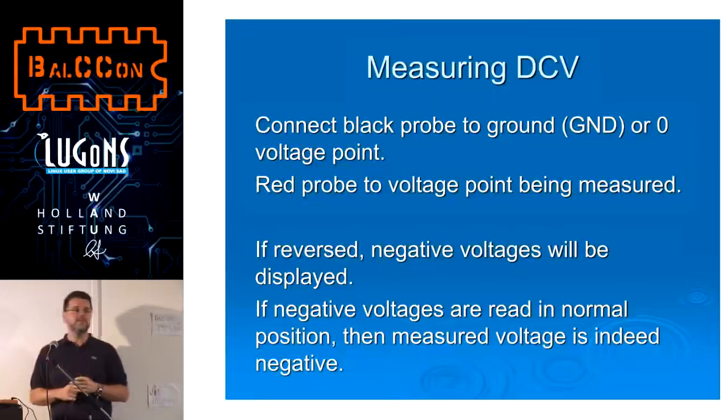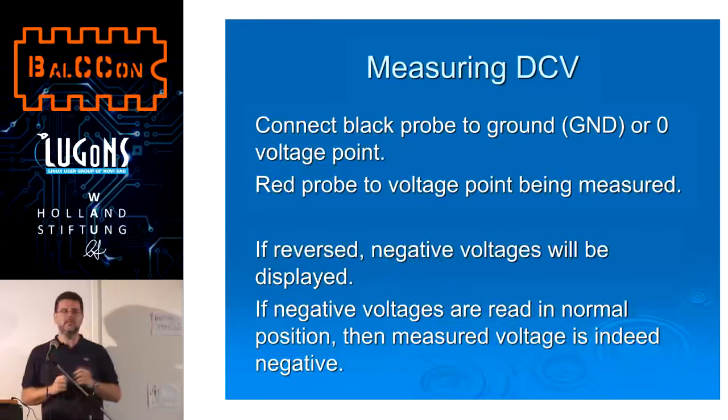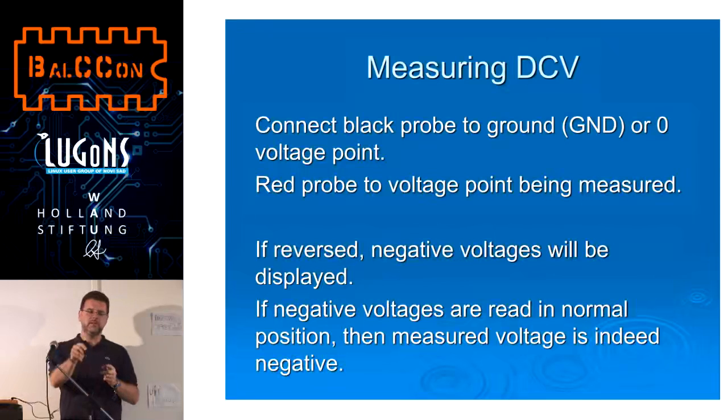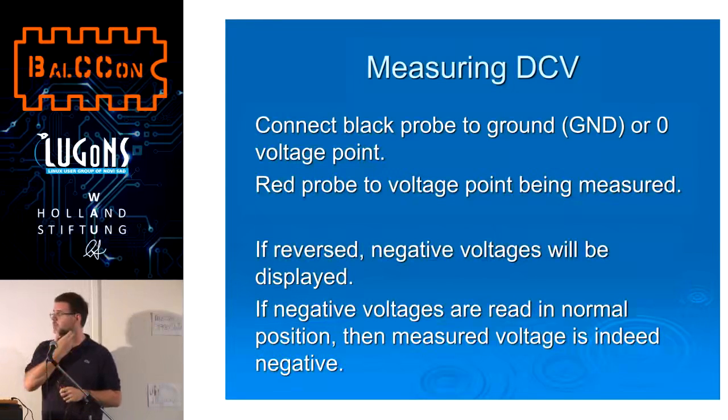Because in other measurements, like current and ohms, you can make big mistakes if you measure in parallel. So, if I have a battery, put the black probe on the minus, red on plus, and measure. You can also get negative voltages, that's okay, and if you reverse the probes, you'll also get negative voltages, and that's not a problem. You'll get just a minus in front of your readout.